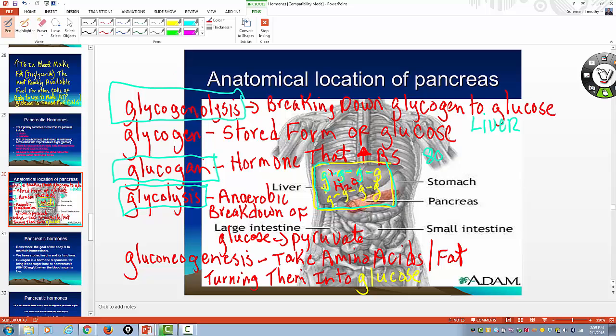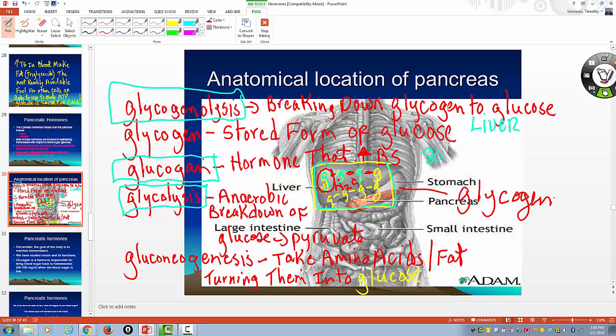Excess glucose that you ate that's not being used inside your cells to make ATP will get chemically bonded together in the liver and stored with water. Glucose chemically bonded together and stored with water is called glycogen. Glycogen is the stored form of glucose.